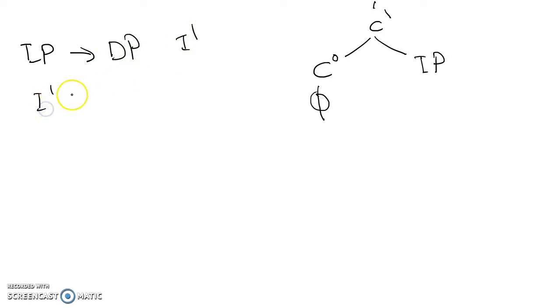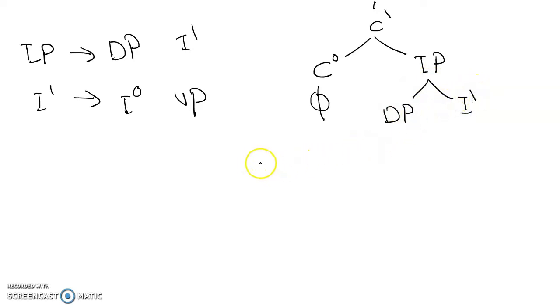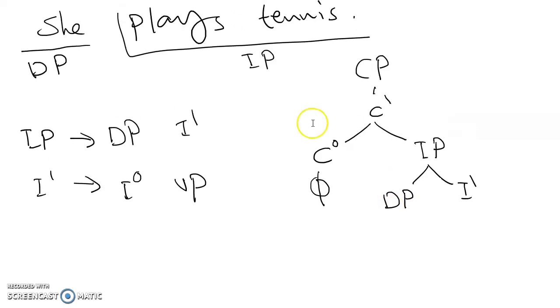This I bar consists of I0 and a VP. So based on this rule, this IP consists of a DP and an I bar. This DP is the subject, which in this sentence is the pronoun she. It is over there.